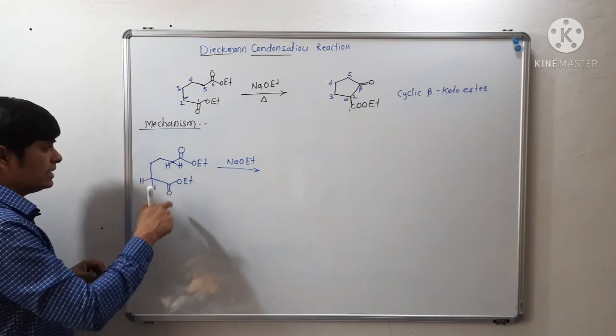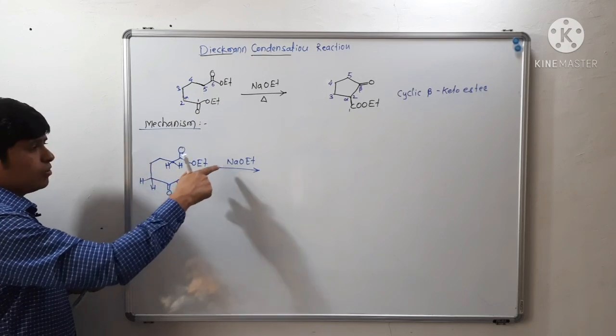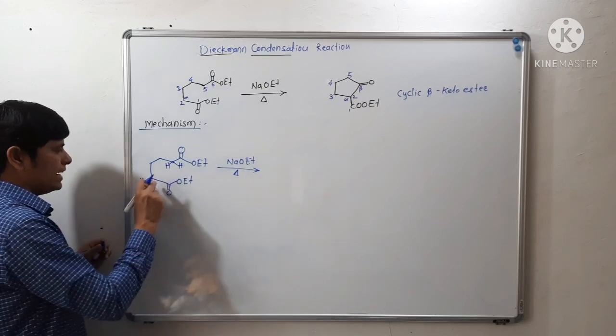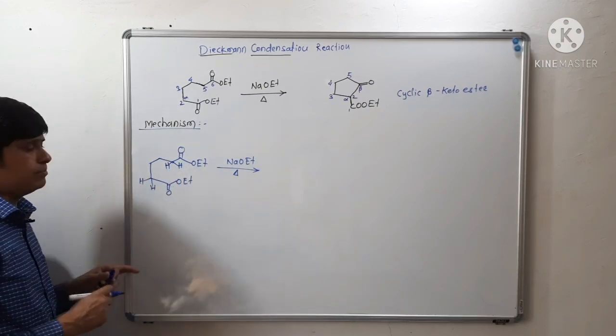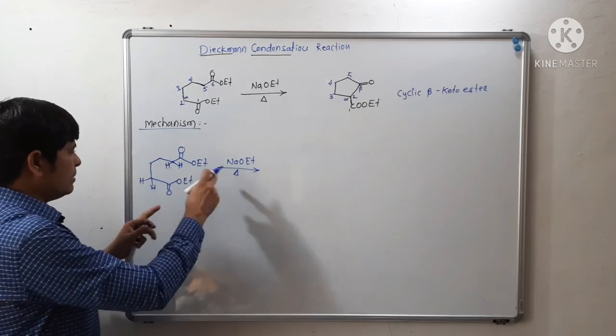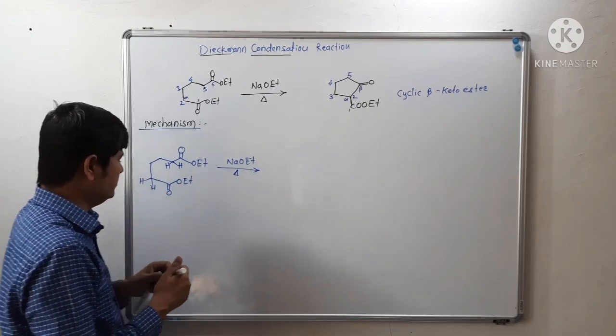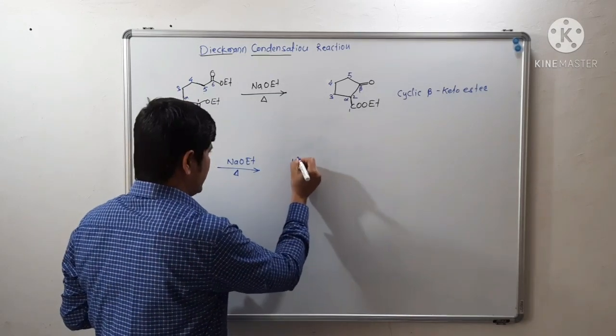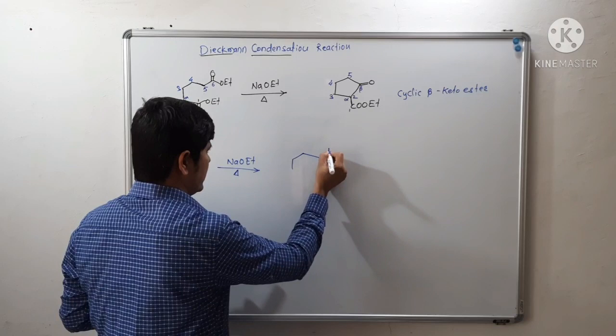Now we will have a reaction of this diester molecule with sodium ethoxide. Sodium ethoxide will abstract any one of these alpha hydrogen atoms, because both the ester groups are the same. So what will we have? We will have a carbanion.